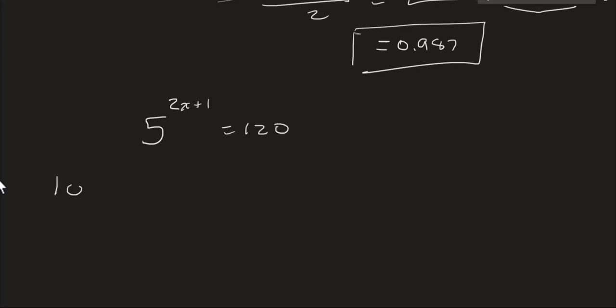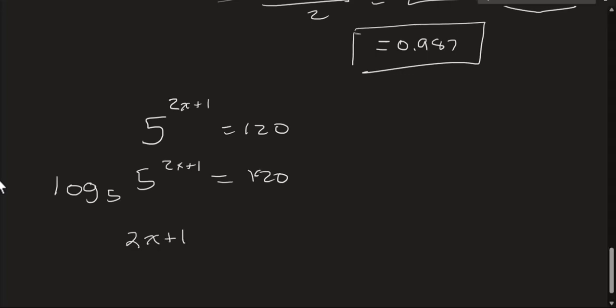So I can take the log base 5 of both sides, and log base 5 and 5 raised to a power, those are inverse functions, so they cancel each other out, and you get 2x plus 1 equals log base 5 of 120.